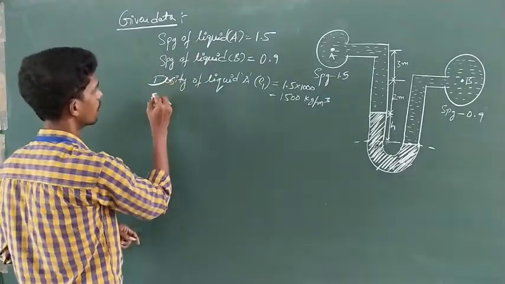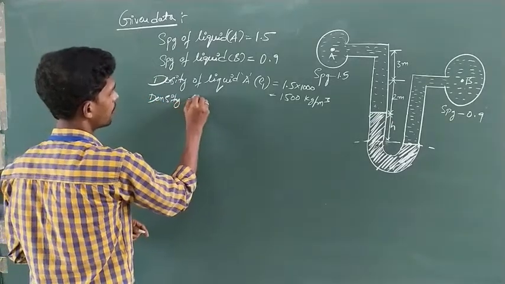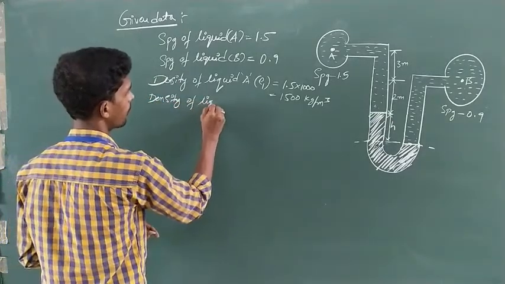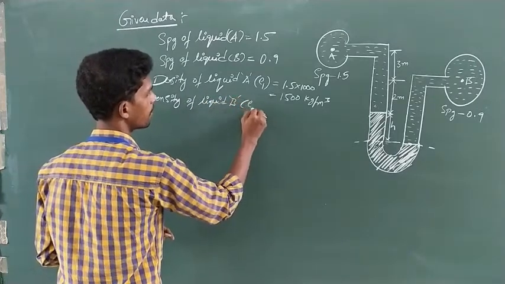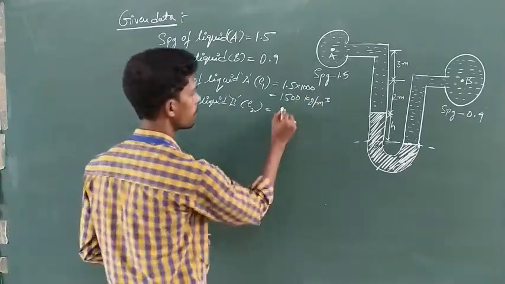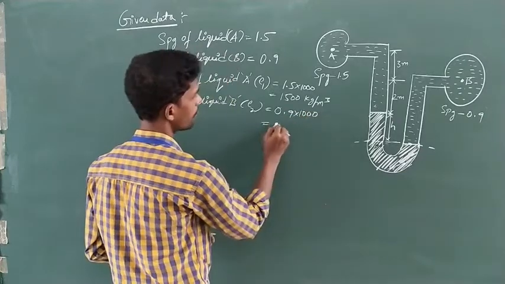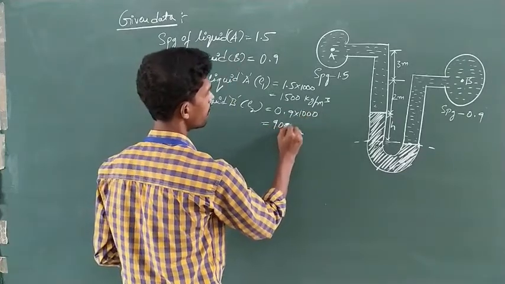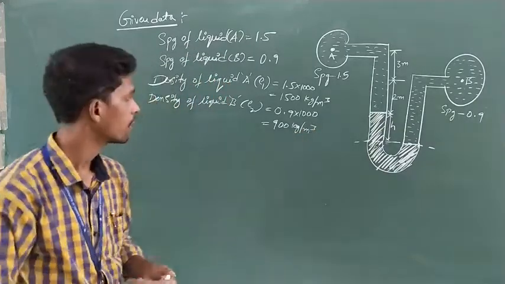Similarly, density of liquid B, right? It is ρ2. Assume it is ρ2. Right? What about the specific gravity over there? 0.9 into 1000. You will get 900 kg per meter cube. Right?